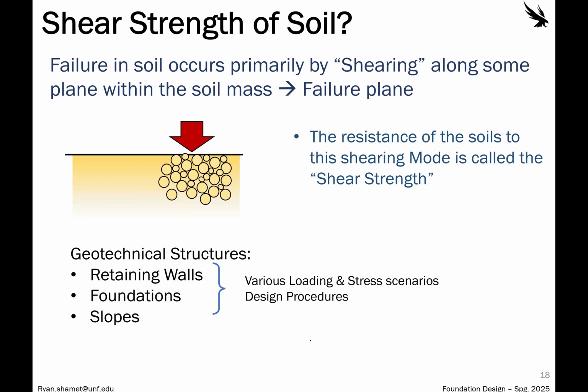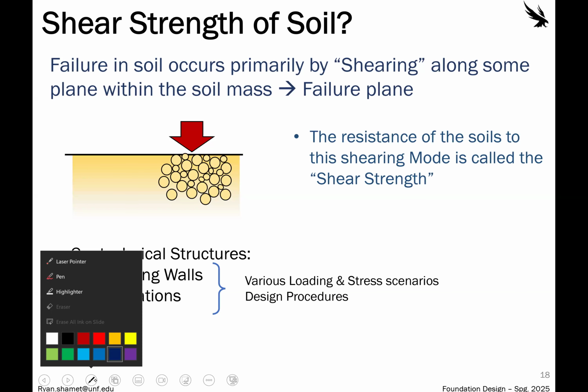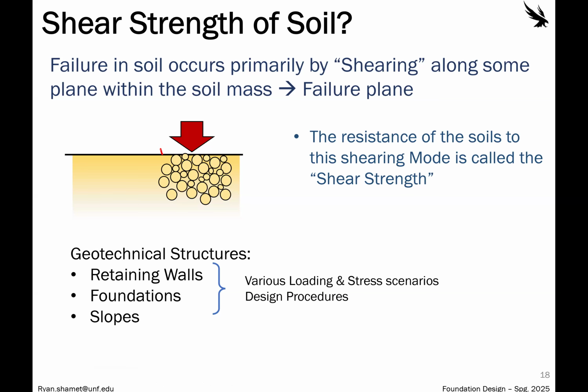A lot of times this failure mechanism follows a progression plane, where if we were to apply a force on this, we would see these particles push here, then push there, and then roll this way, and we would develop some type of shear plane.